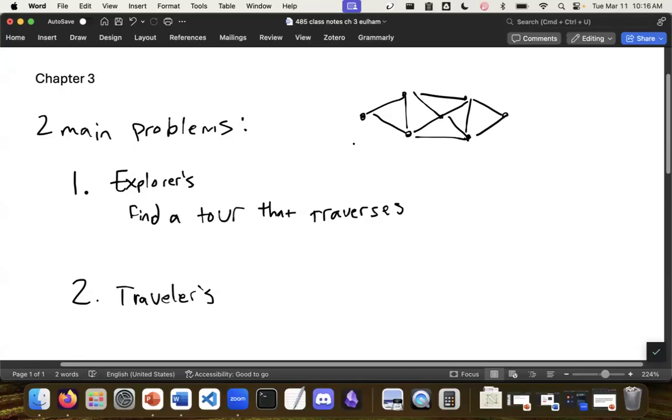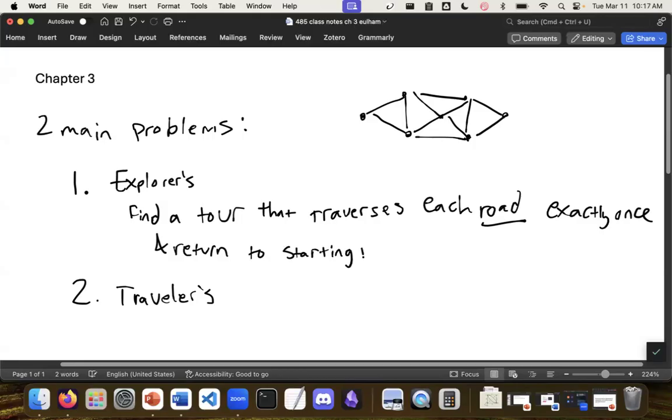The explorer's goal is to take every road, so that the tour traverses each road exactly once, and then return to the starting point. We don't want to take a road more than once. That's the goal of an explorer.